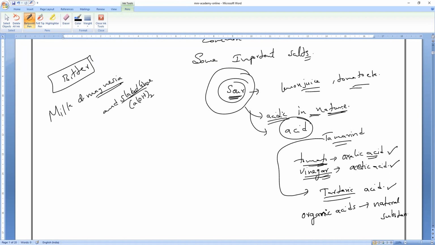So what do they used to call them? Everybody, they used to call them organic acids. Clear? So whatever acids we are finding in natural substances, the substances coming from nature, found in nature, they are called organic acids.